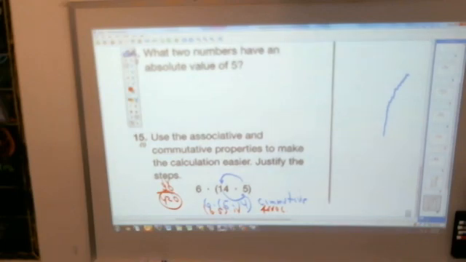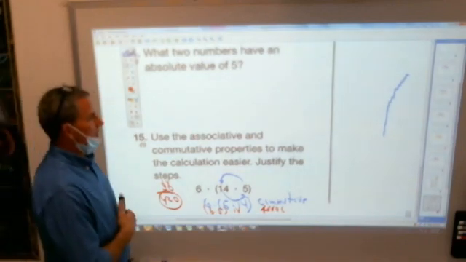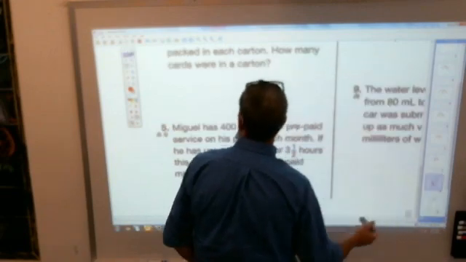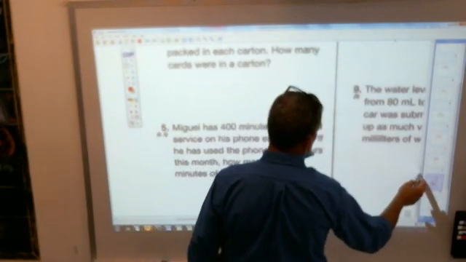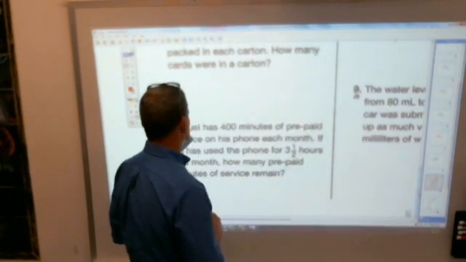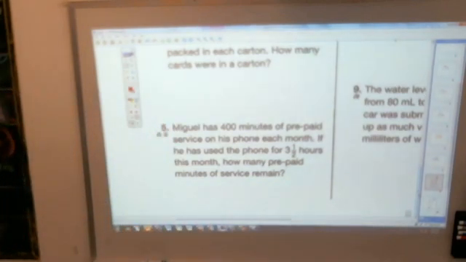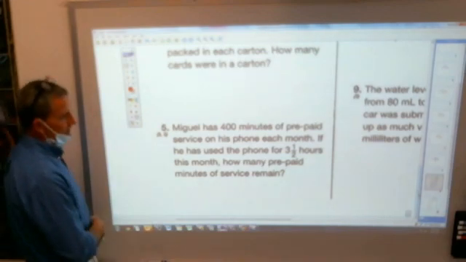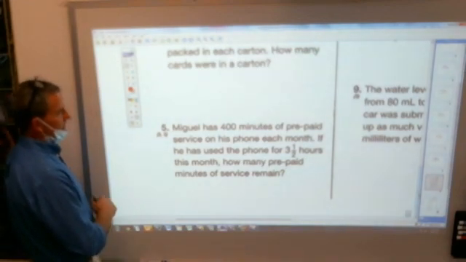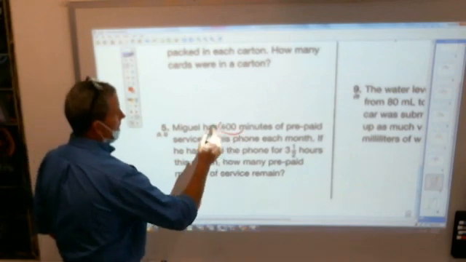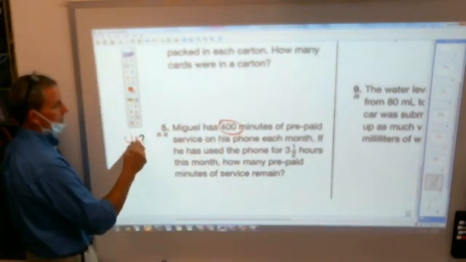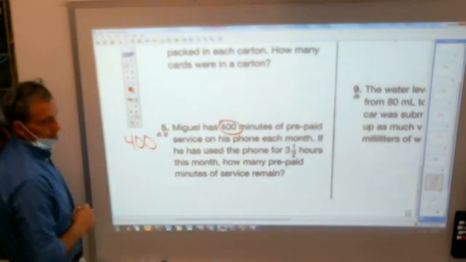Jake? I didn't get number 5. Jake says, oh, Miguel. It always goes south with Miguel. Miguel has 400 minutes of prepaid service on his phone. Again, outdated problems because nobody buys prepaid service. But if he's used the phone for 3.5 hours, how much time does he have left? Well, he starts out with 400 minutes, right, Jake? How much did he use?